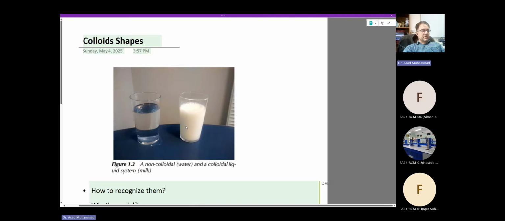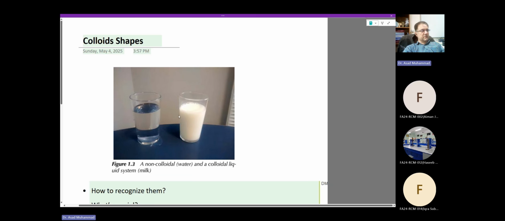So if you have an emulsion, then most of the time the emulsions will be white in color. Whenever you have an emulsion, that is when you have droplets of oil dispersed in water. So water is acting as a medium and the oil is acting as a dispersed phase.